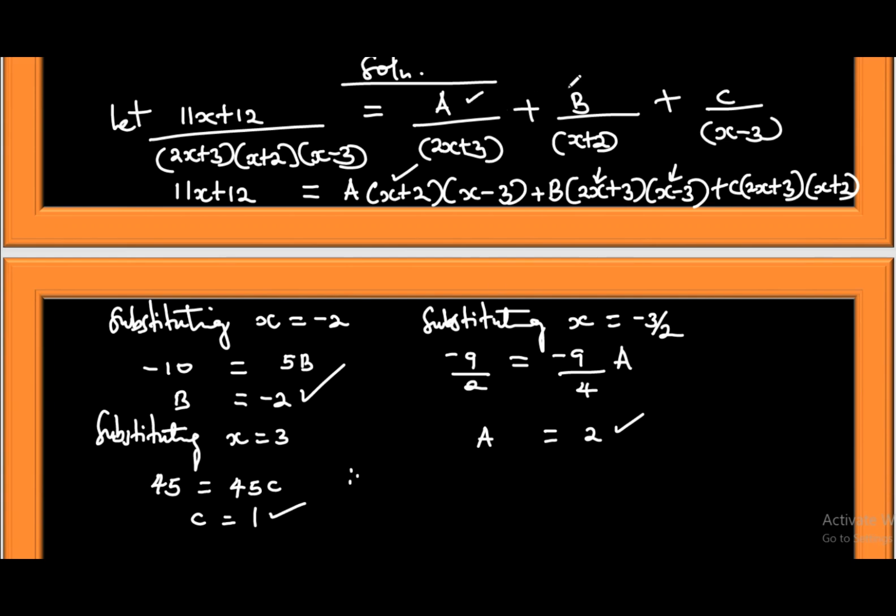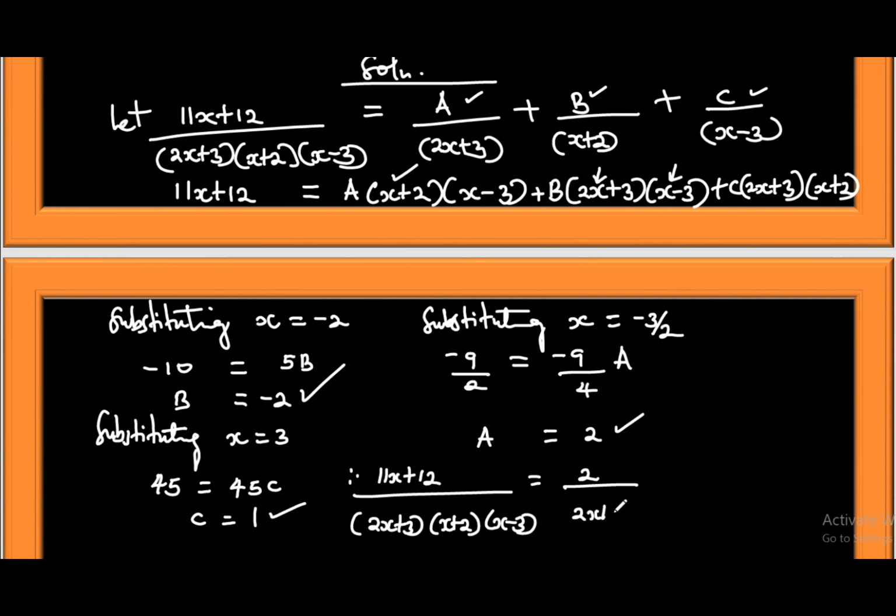So after getting the value of a, b, and c, we comfortably substitute them in our very first step. So we can conclude and say, therefore, 11x plus 12 divided by 2x plus 3 into brackets x plus 2 into brackets x minus 3 is actually equals to a, but our a is 2, divided by 2x plus 3 plus b, but our b is negative 2.